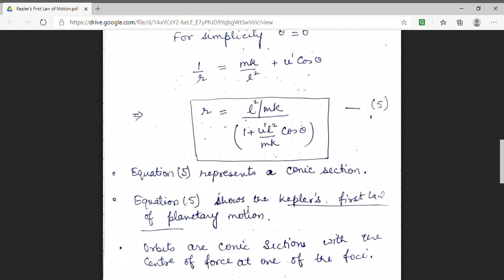Hence, we have derived the Kepler first law of planetary motion. According to the Kepler first law, orbits move by taking a path forming a conic section, with the center of force at one of the foci.